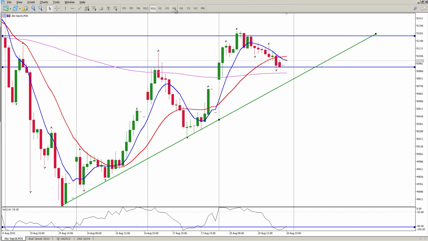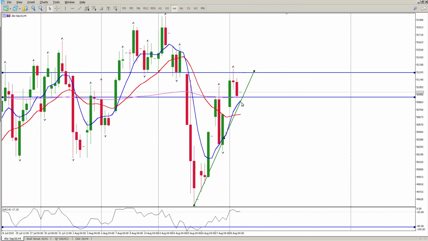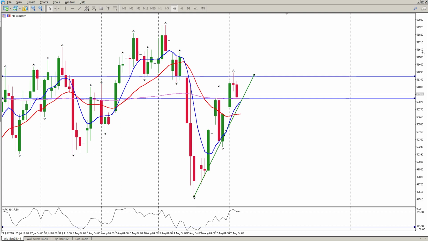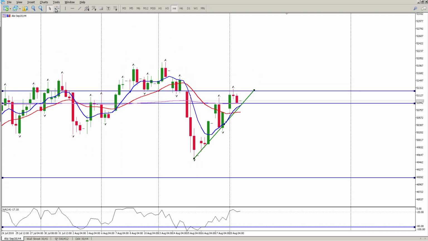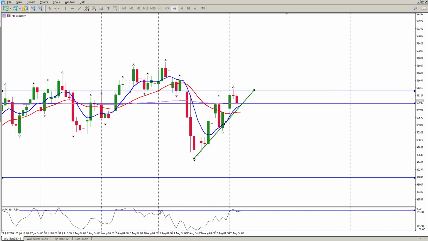However, if we come to the 4 hour, you'll see the complete opposite here. Well, I can actually use the line that we've got in here. If we take that as the previous high, you can see the indicator made a high with it.